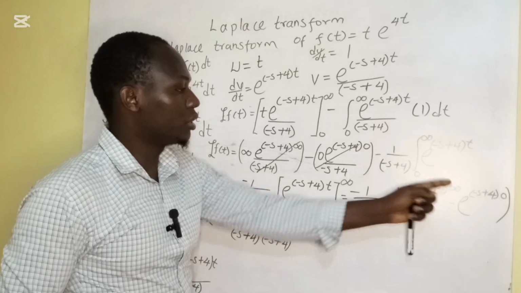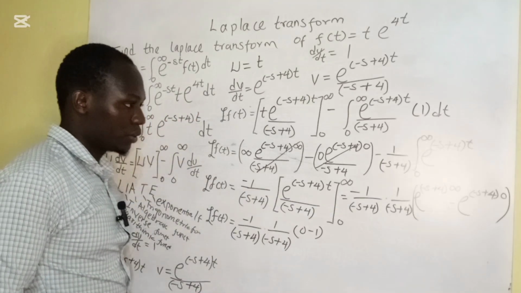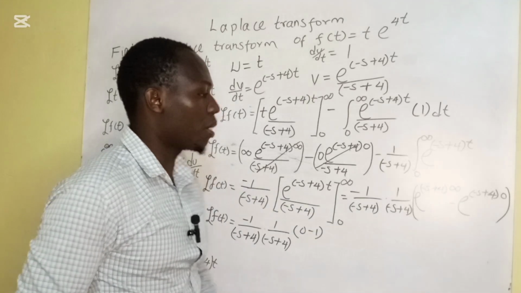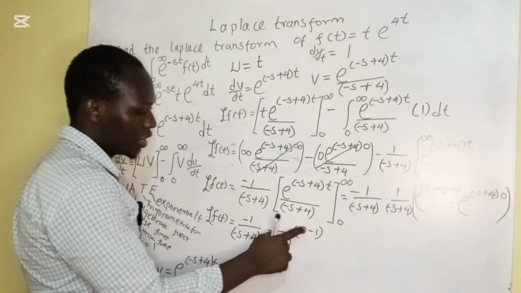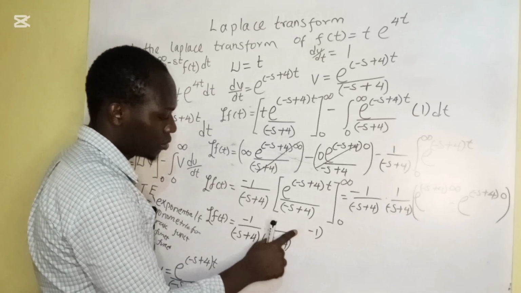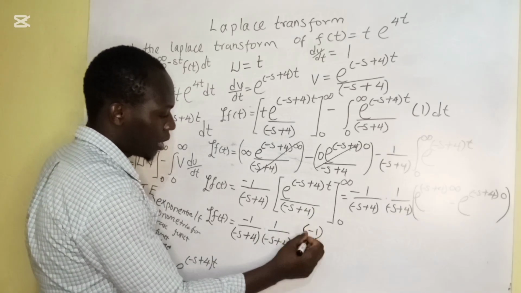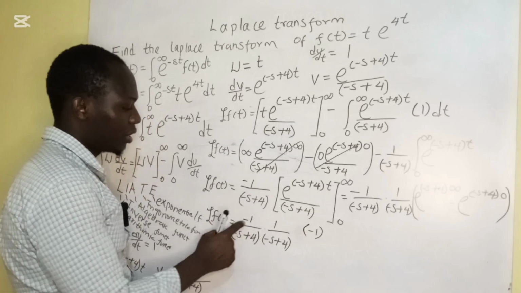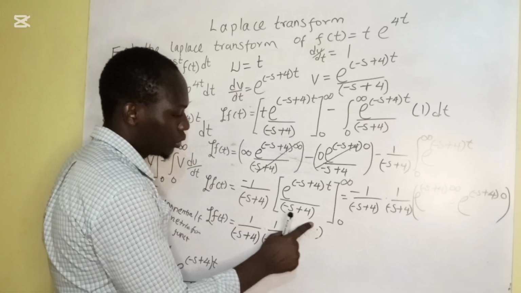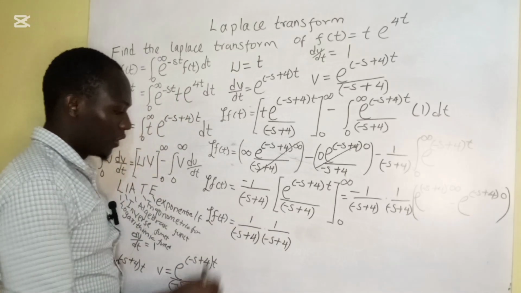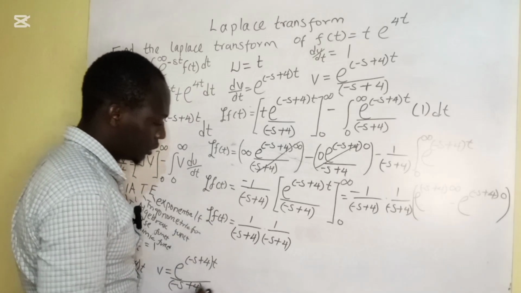Because exponential raised to a power of infinity is equal to 0. Exponential raised to a power of 0 is equal to 1. This 0 does not have an effect. Negative 1 multiplied by whatever we are having here, automatically we do away with the negative sign. It is going to be positive.